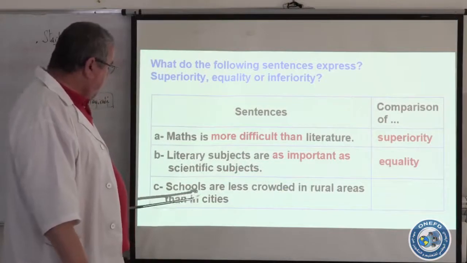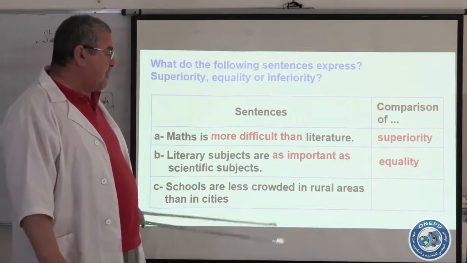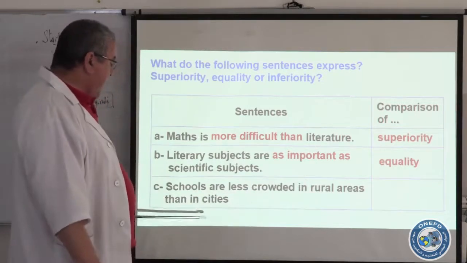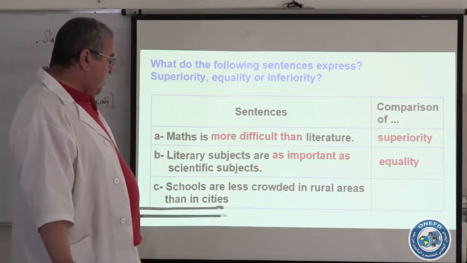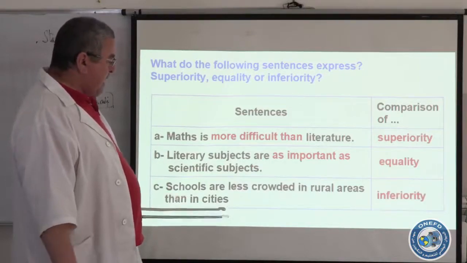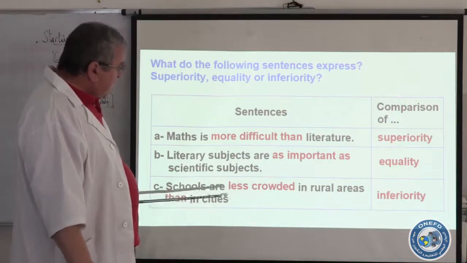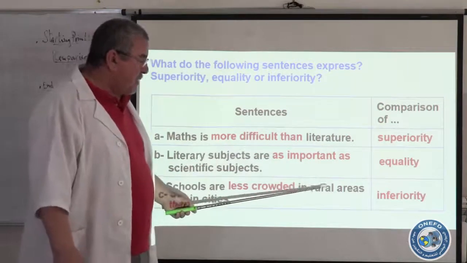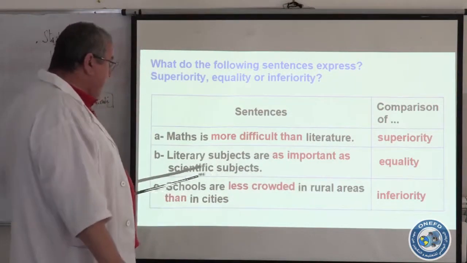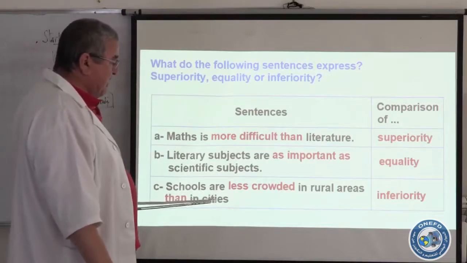Let's go to sentence C. Schools are less crowded in rural areas than in cities. Now what is compared here? What is compared is the number of students in schools situated in rural areas and schools situated in cities.